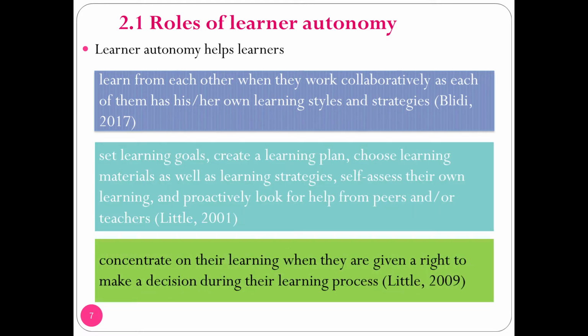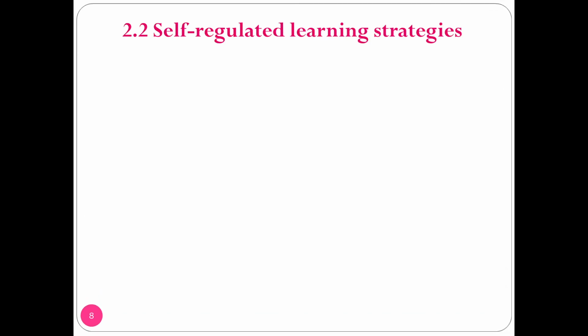Moreover, it also helps learners to concentrate on their learning when they are given a right to make a decision during their learning process. The next one is self-regulated learning strategies.